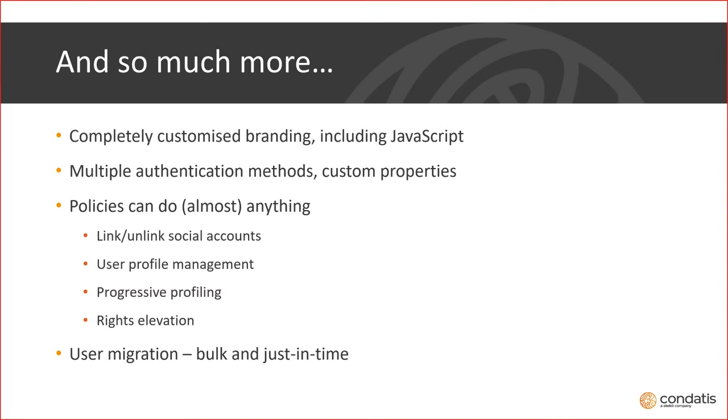Progressive profiling is something that comes up occasionally, so you might want a very low friction registration process where you want to let as many people as possible in to register with as little requirement from them as possible. So maybe all you want to do is capture their email address during registration, maybe a password, and then just let them in. And then the next time they sign in, you prompt them for additional information.